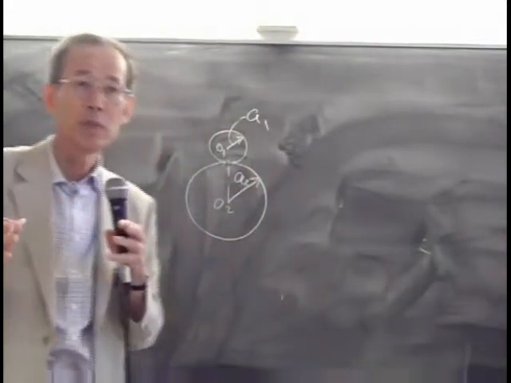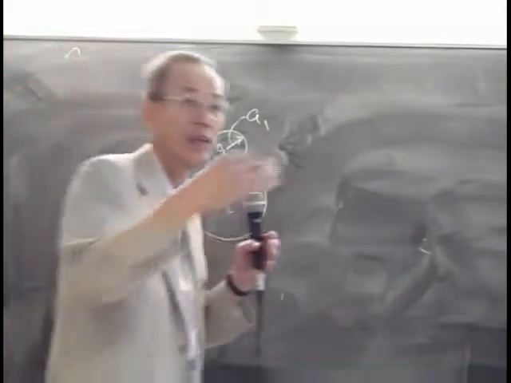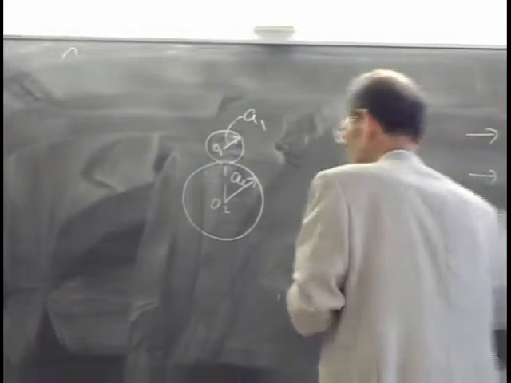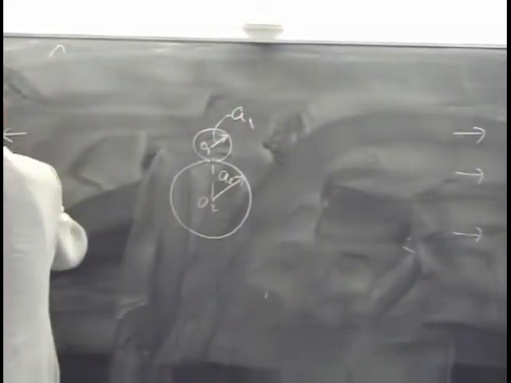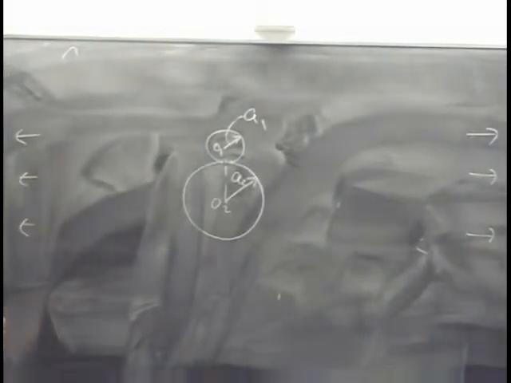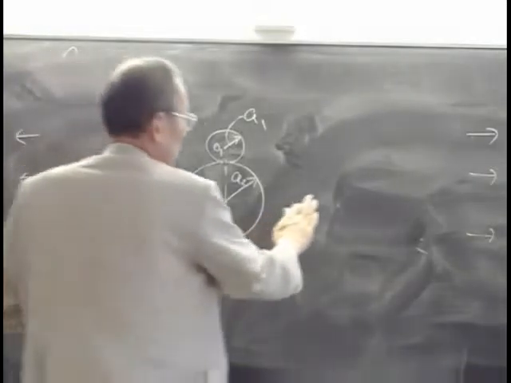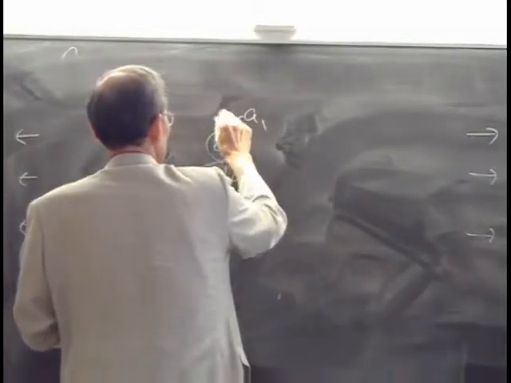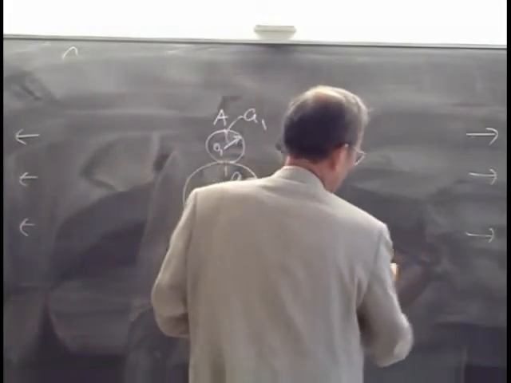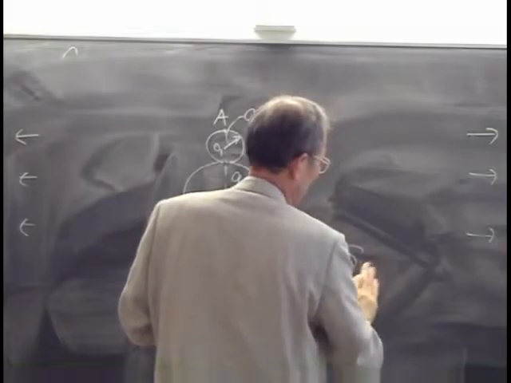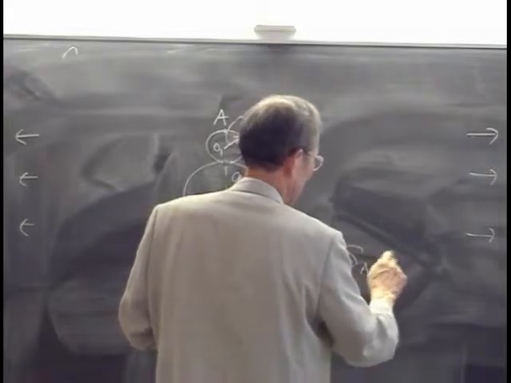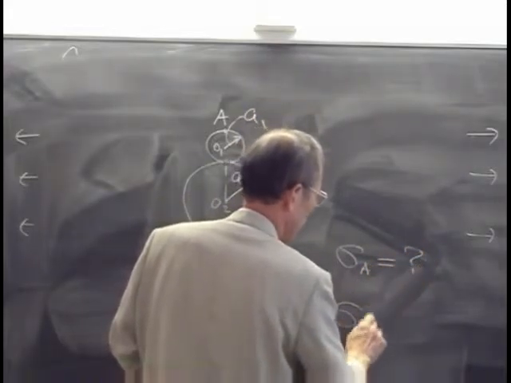We have two holes, but the size is different, and they are in contact with each other. And we have a remote tension in the x direction. The point A, the point B, what is the stress at point A and also point B?